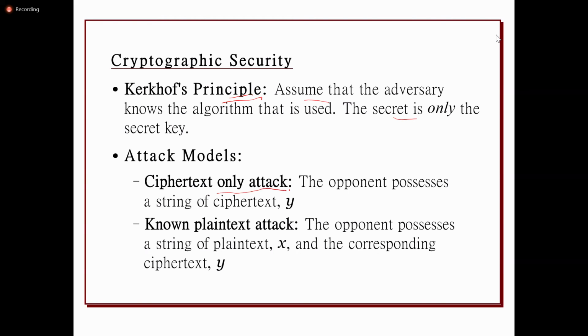One is the ciphertext only attack. The opponent knows only the ciphertext, and by using that ciphertext will try to find out the plain text. The second one is the known plain text attack. Known plain text means the frequently used plain text, not exactly the plain text which is used, but whatever is regularly used.